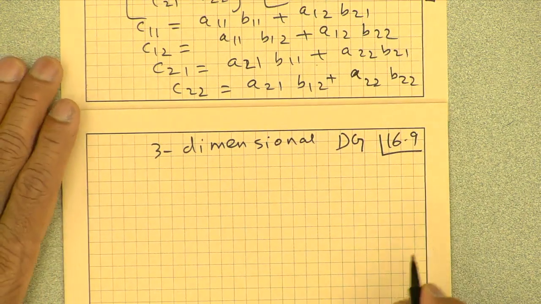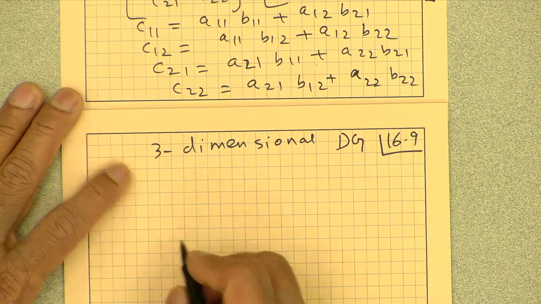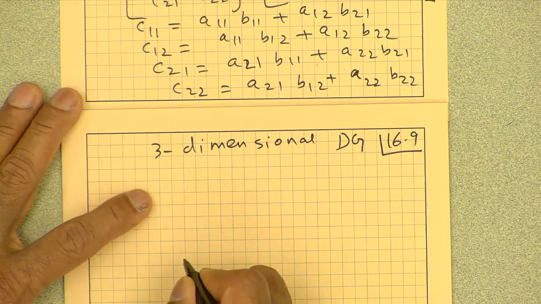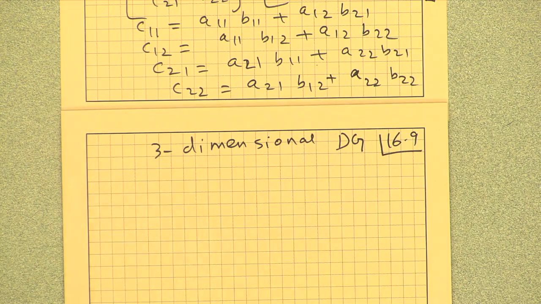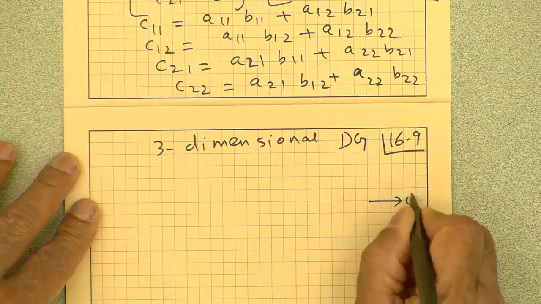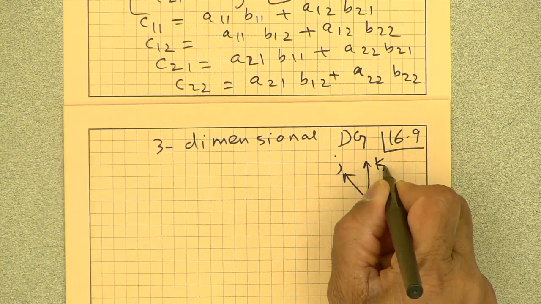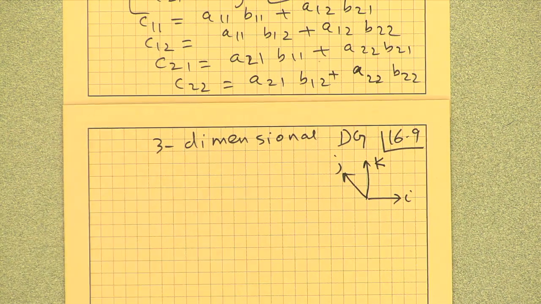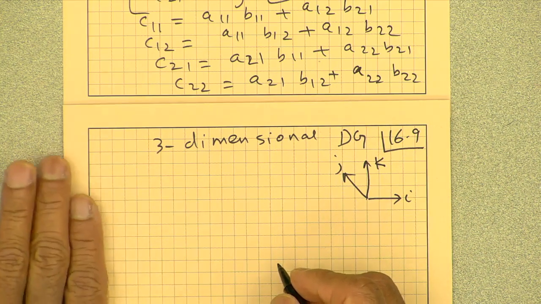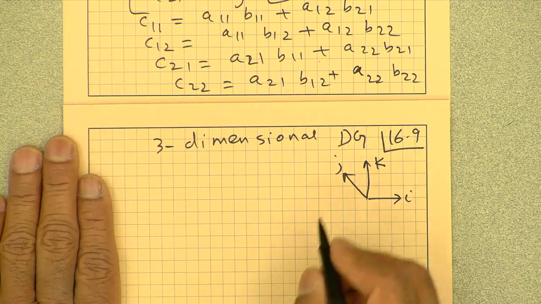Okay, so let me just make sure we take the same axis from the book. So let me just define I, J, and K. Okay, and A is assigned to J axis.